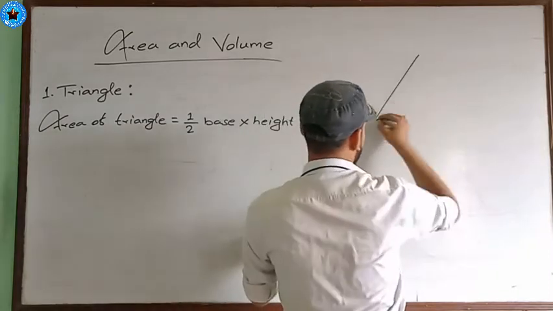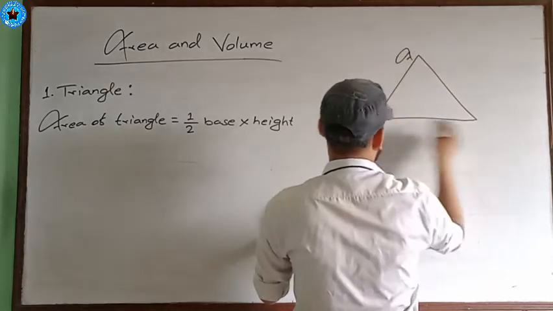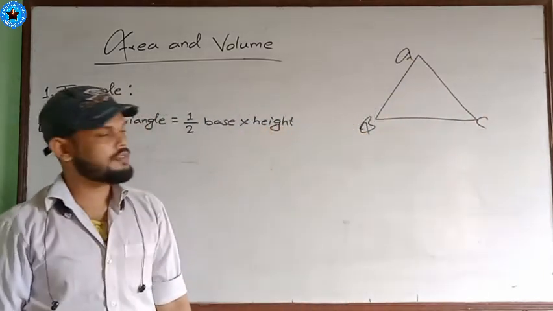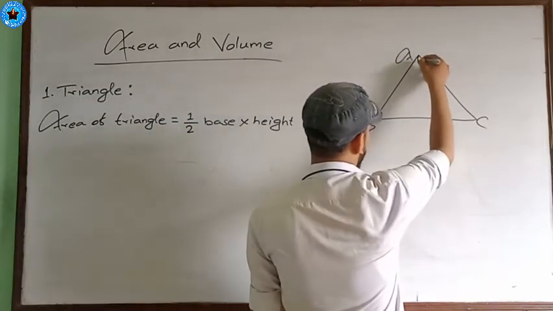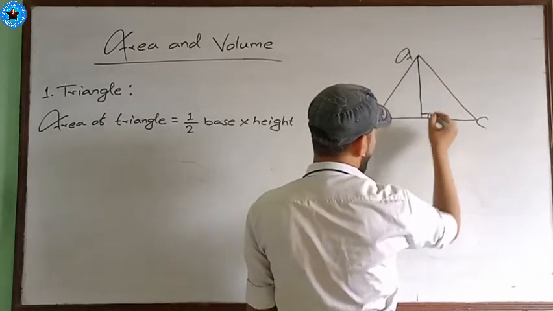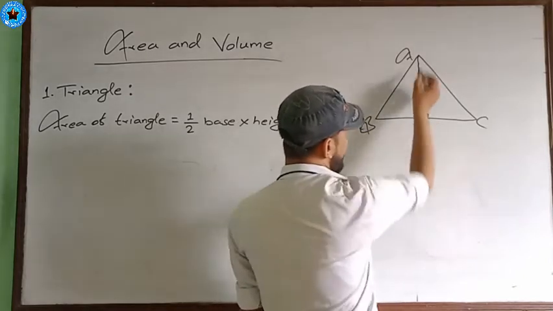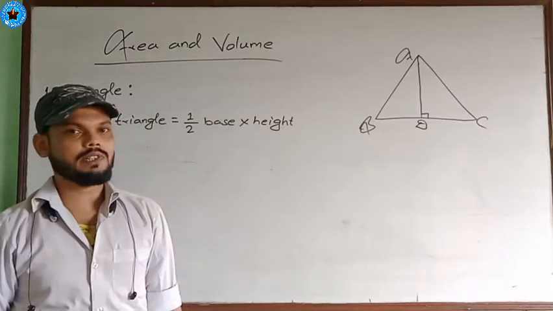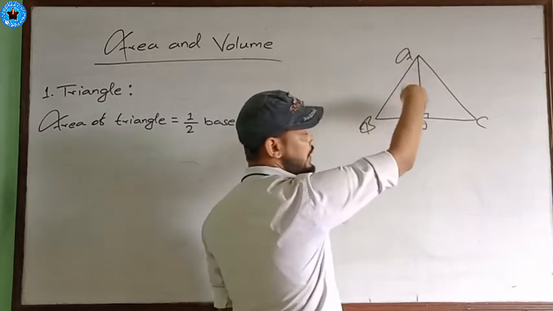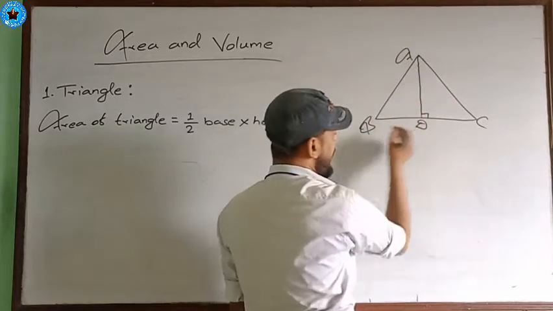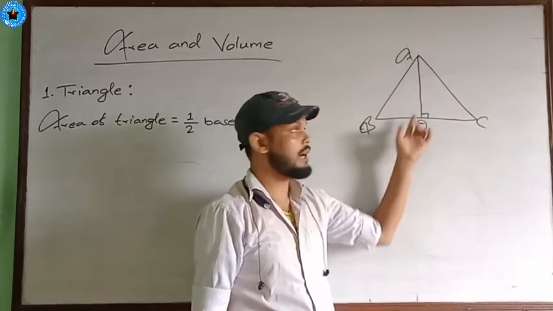Here I'm supposing a triangle ABC. From the vertex A I am going to draw a line perpendicular to BC, and let this point be D. So this AD is perpendicular to BC, that means this is the height, the altitude.